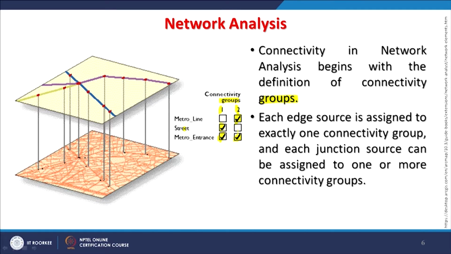Each edge source is assigned to exactly one connectivity group, and each junction source can be assigned to one or more connectivity groups, as you have seen here also. So, these are the connectivity groups.